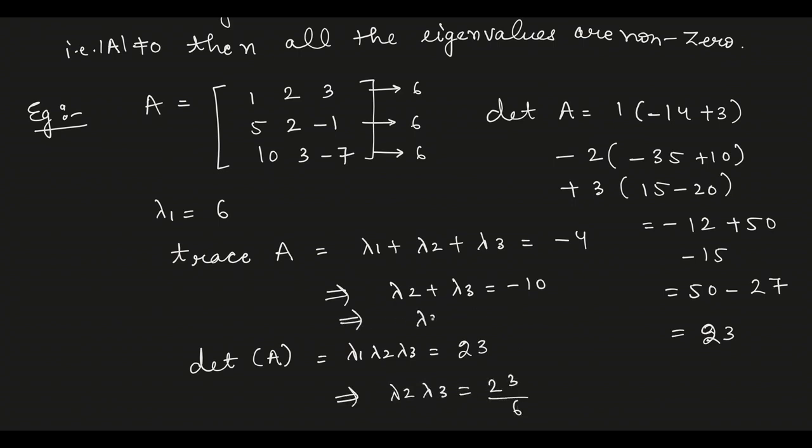Now you can put lambda 3 as minus 10 minus lambda 2. And Ma'am, determinant is coming to be 24. Minus 14 plus 3 is minus 11. Sorry.